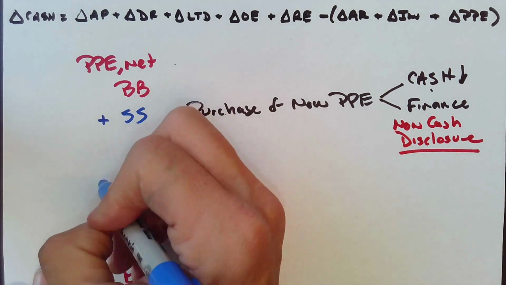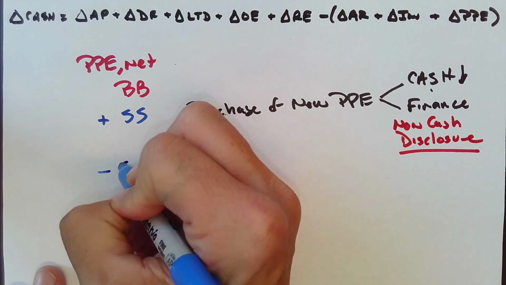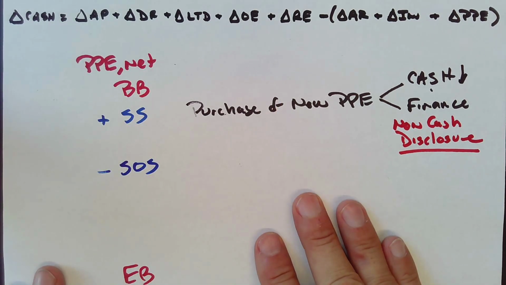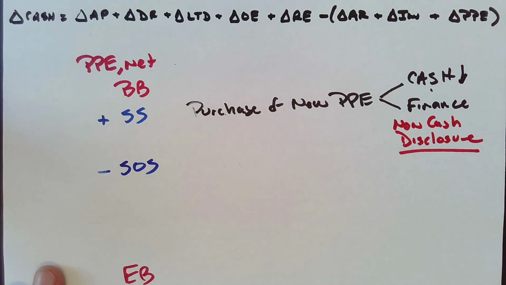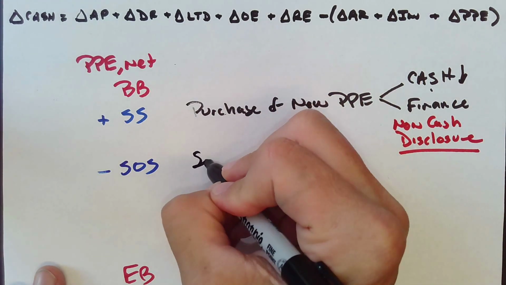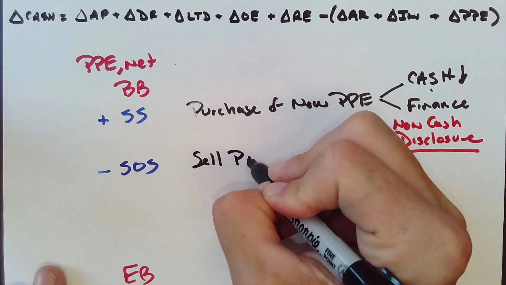What's gonna, minus some other stuff, what's gonna make PP&E go down? What's gonna make PP&E net go down? Well, what if I sell my PP&E?